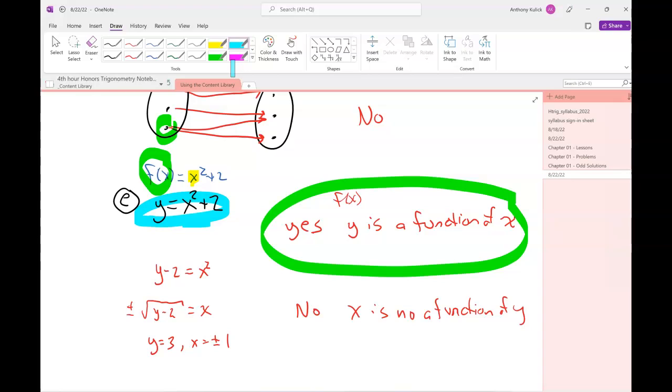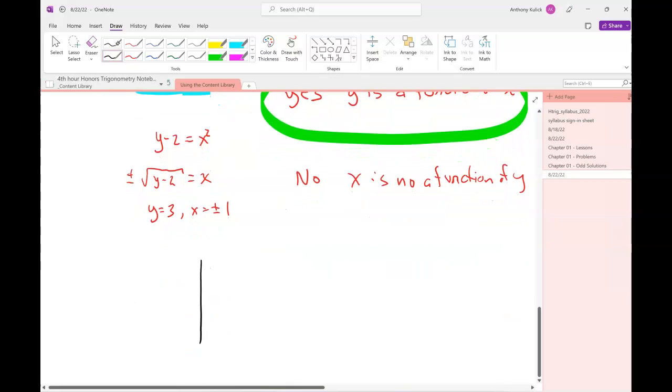Alternatively, you might have looked at that and remembered there's a trick: if I knew what the graph of this thing looks like, I can tell whether it's a function or not. What do the graphs of quadratics look like? This is also something you could have remembered from Algebra 2. What does a graph of a quadratic look like? It is a parabola, yeah.